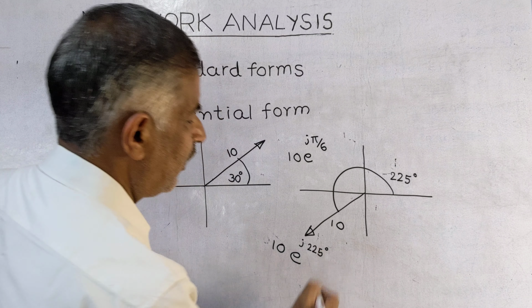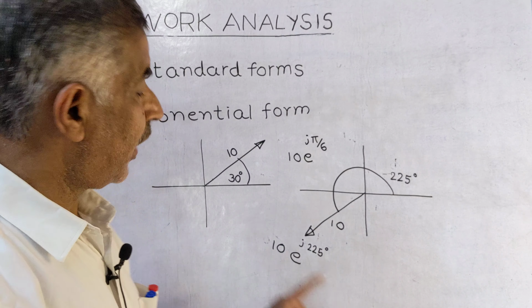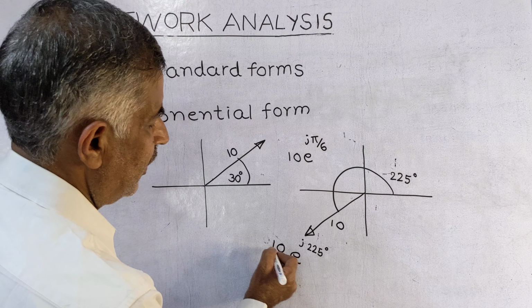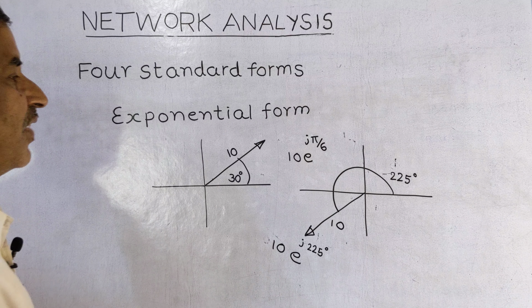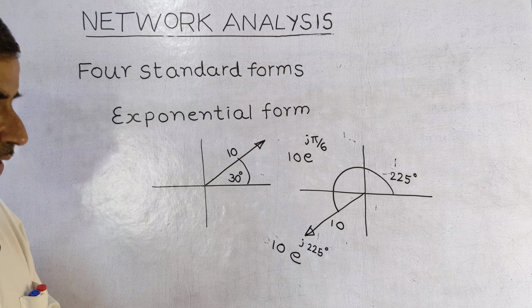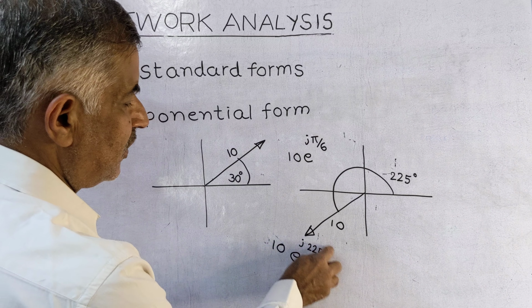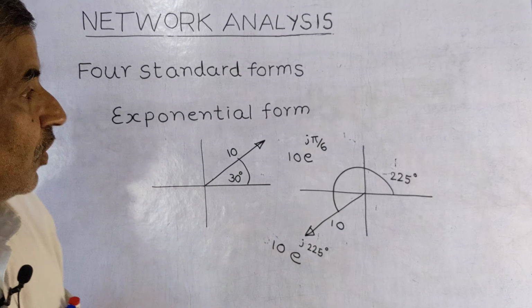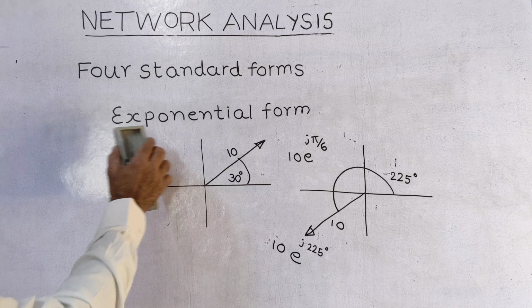You are supposed to convert this 225 degrees into radians, since normally the angle is in radians, and then write it in this form. This is what is called exponential form.